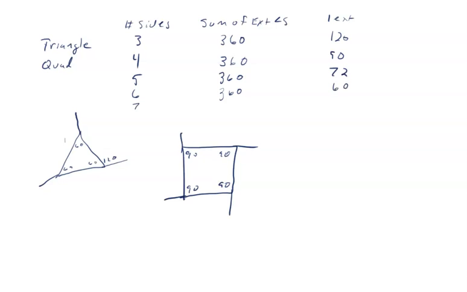And for 7, you got 360 and 51.4. And then for an n-gon, you got n, 360, and this last column is 360 divided by n.